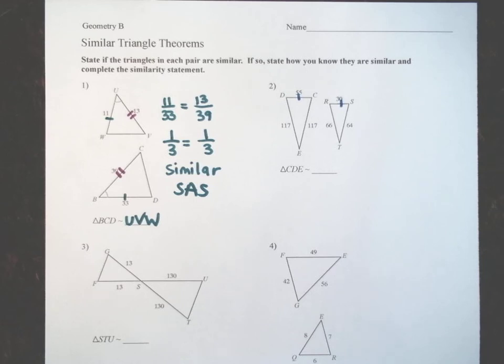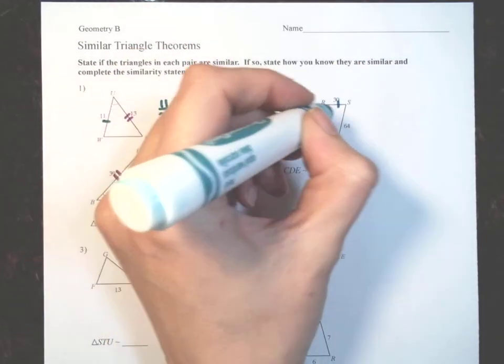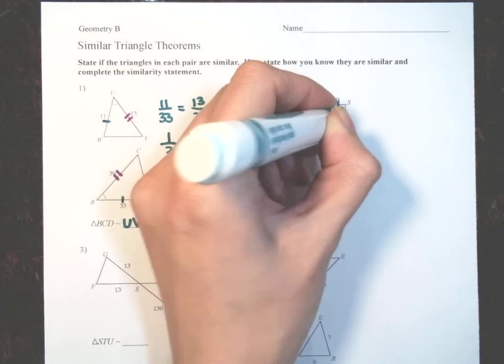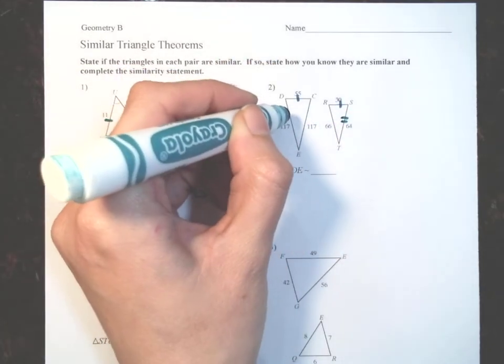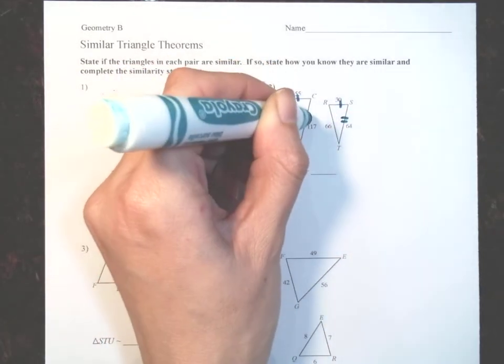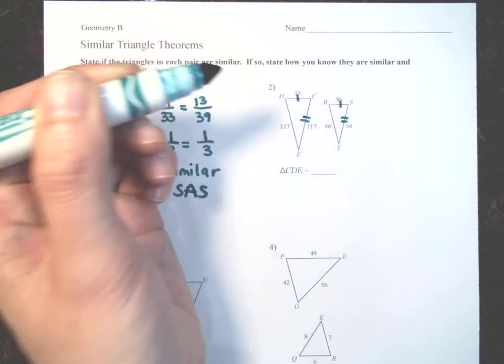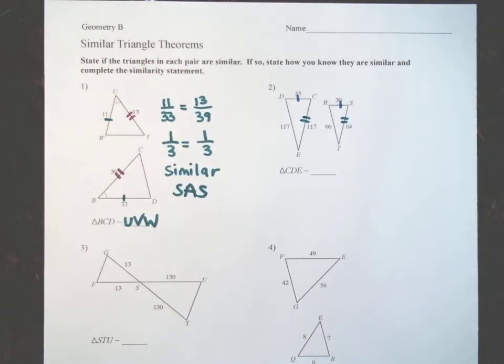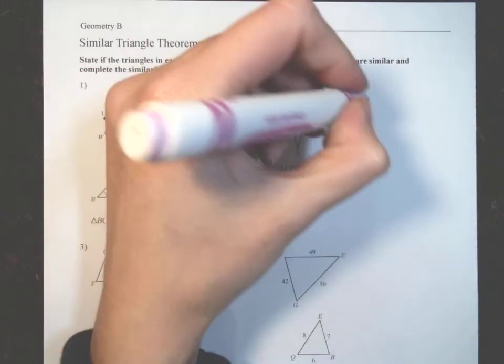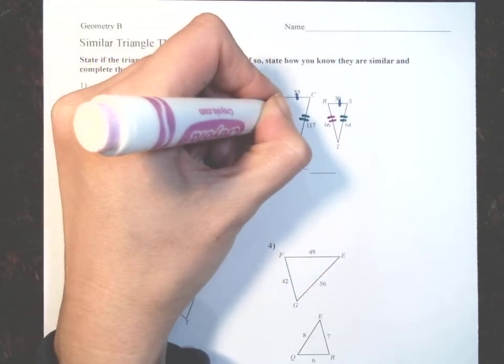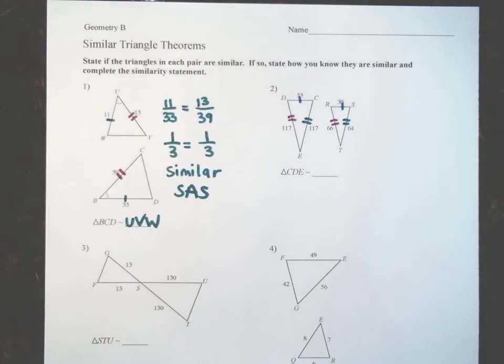And then the next smallest side is 64, which would correspond to that side. And then the largest side would correspond to the largest side.